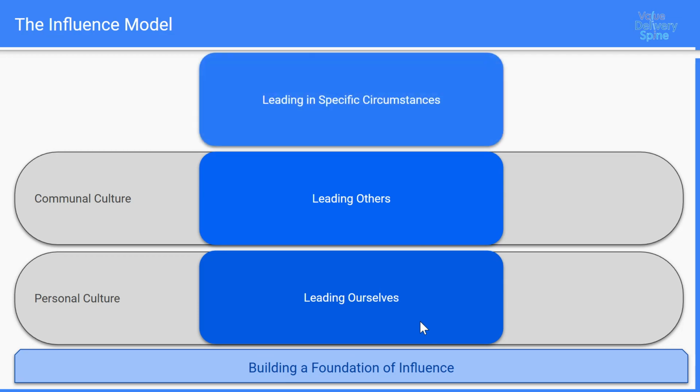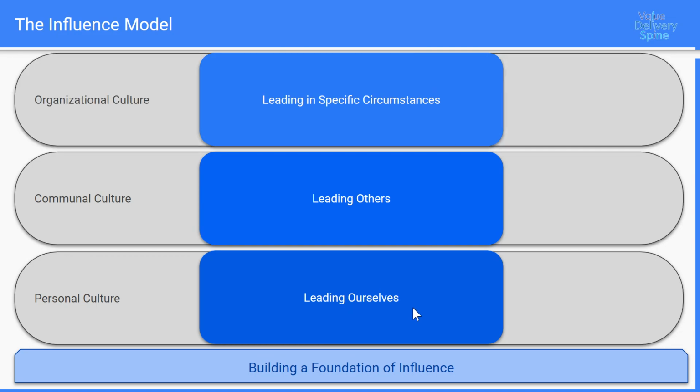And then finally, we take that into leading in specific circumstances and the organizational cultures that we're dealing with in those circumstances, or in some cases, something much larger, like a state or a governmental or national culture. All those are part of it. And now you're seeing that through the course of these discussions we are developing a model for leadership in terms of how we influence others.